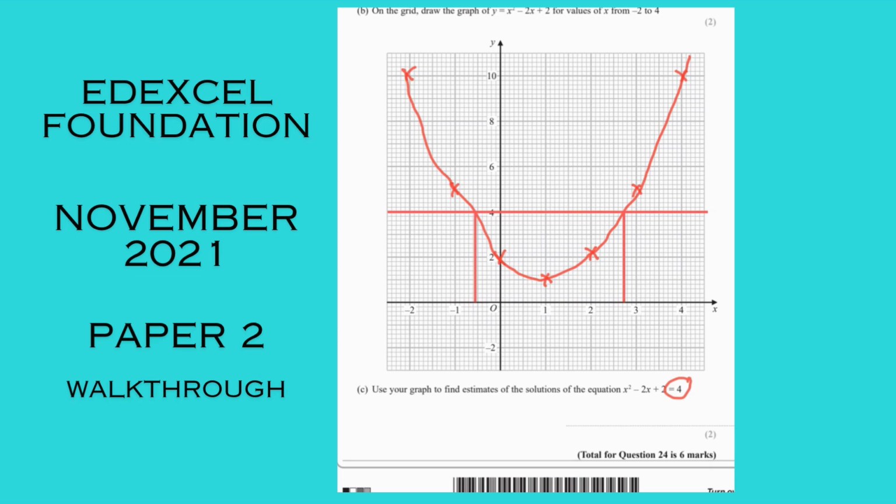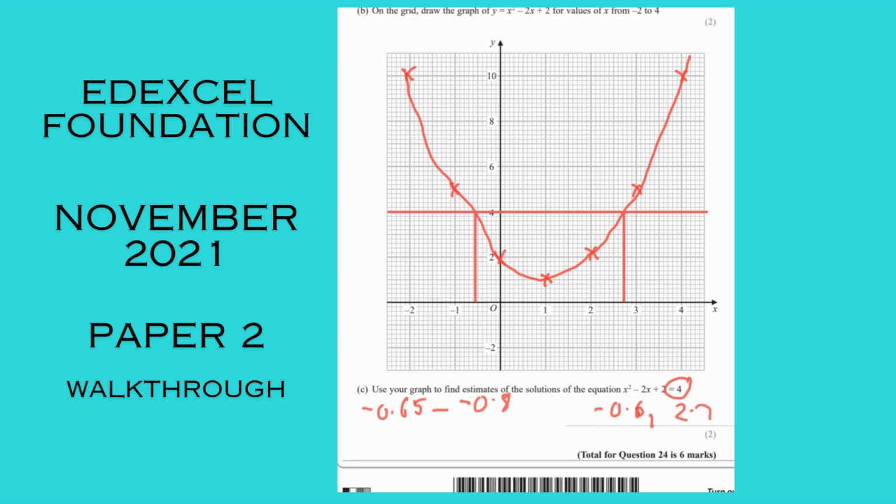So the answers I'm getting just below minus 0.5. So I'm going to say minus 0.6 or so. And my graph, as you can see, is coming out at about 2.5, 2.7. Mark scheme allows minus 0.65 to minus 0.8.